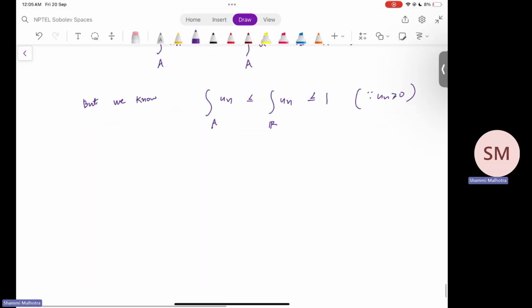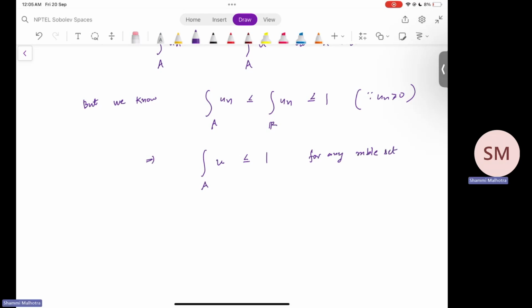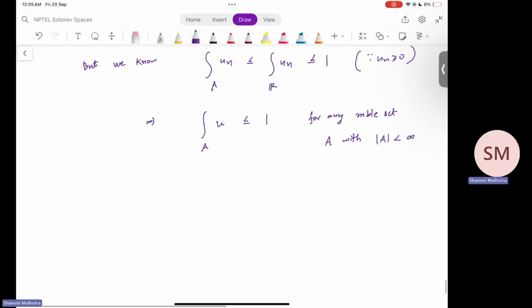This will imply that the integration over A of u has to be less than or equal to 1 for any measurable set A with measure of A finite.